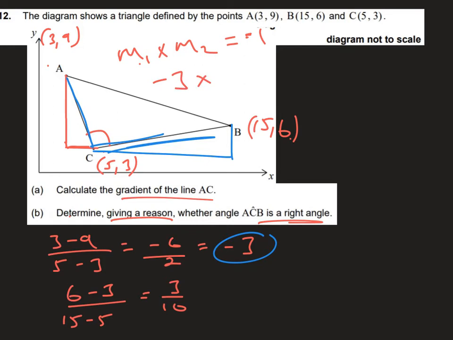If we multiply that by the gradient M2, which is 3 over 10, it does not give us minus 1. So therefore, these two lines are not perpendicular. So it is therefore not a right angle.